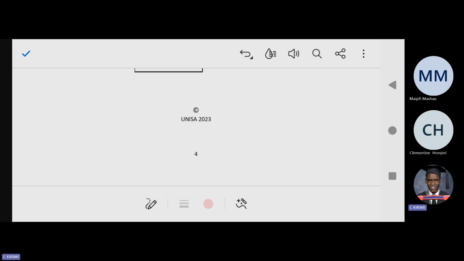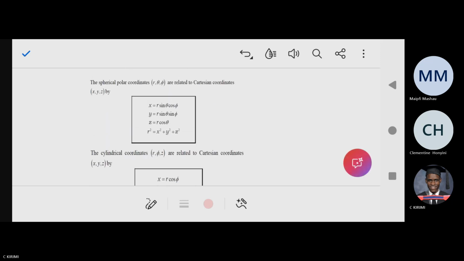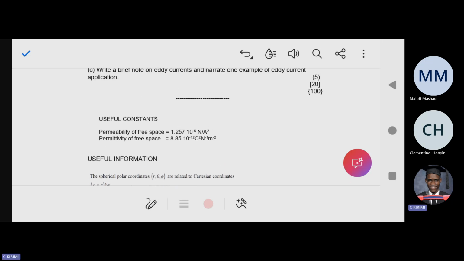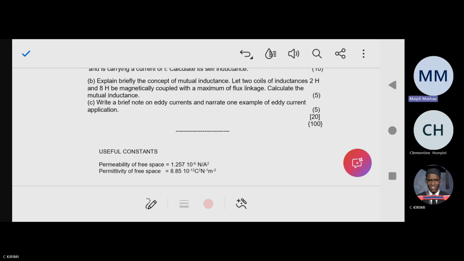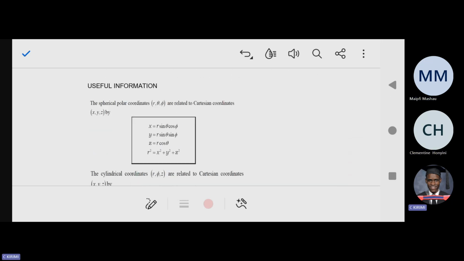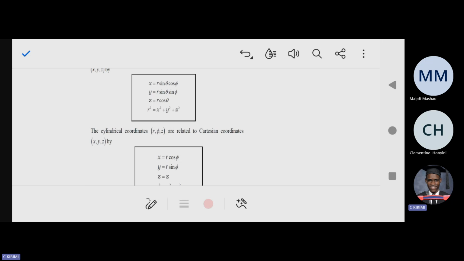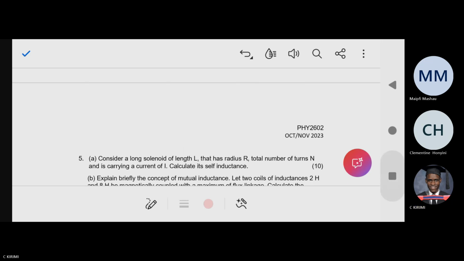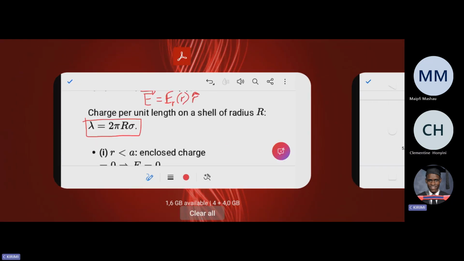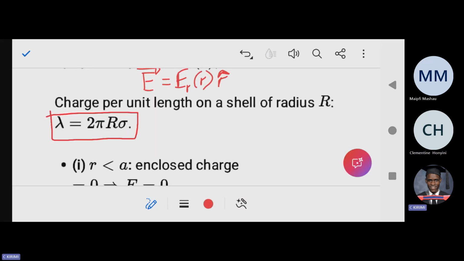So are you seeing that you are bringing the formula yourself? Class, are you seeing that? Yes. So those formulas that we'll be discussing here, you must jot them down to know that this formula won't be given. The Gauss law formula also was not given.